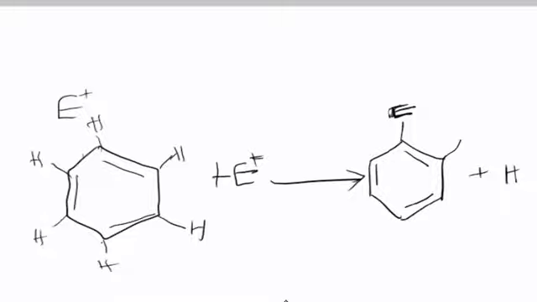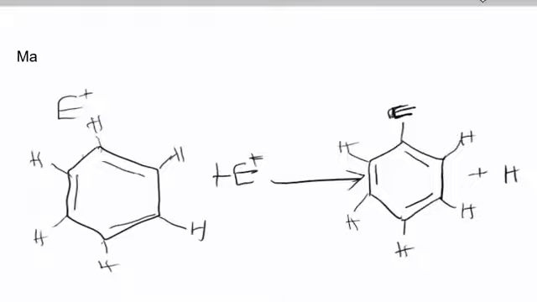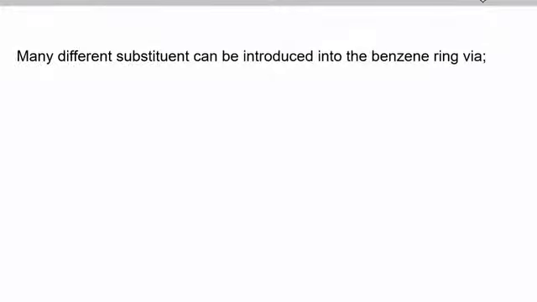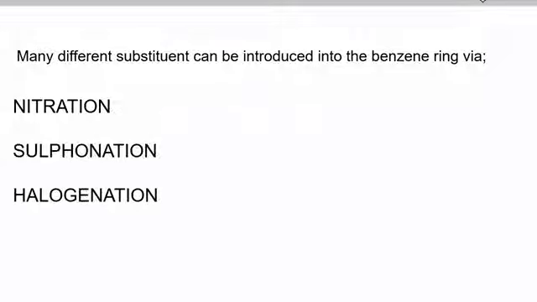So this is the outcome of the reaction. So many different substituents can be introduced into the benzene ring via nitration, sulfonation, halogenation, alkylation, and so on.